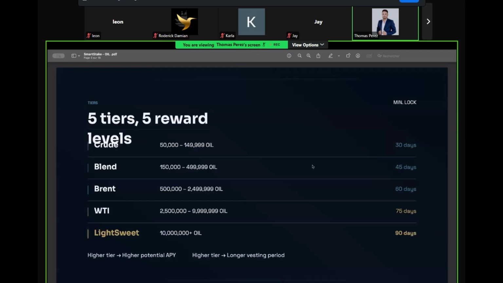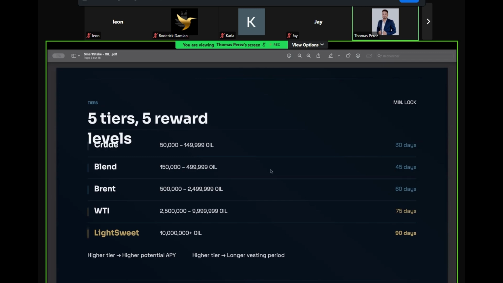And let's talk about tiers, because this is where the structure begins. The protocol organizes users into 5 different tiers, from Crude to LightSweet. And it's based purely on the amount of oil tokens that you staked. So you don't choose your tier manually, the system assigns it automatically.